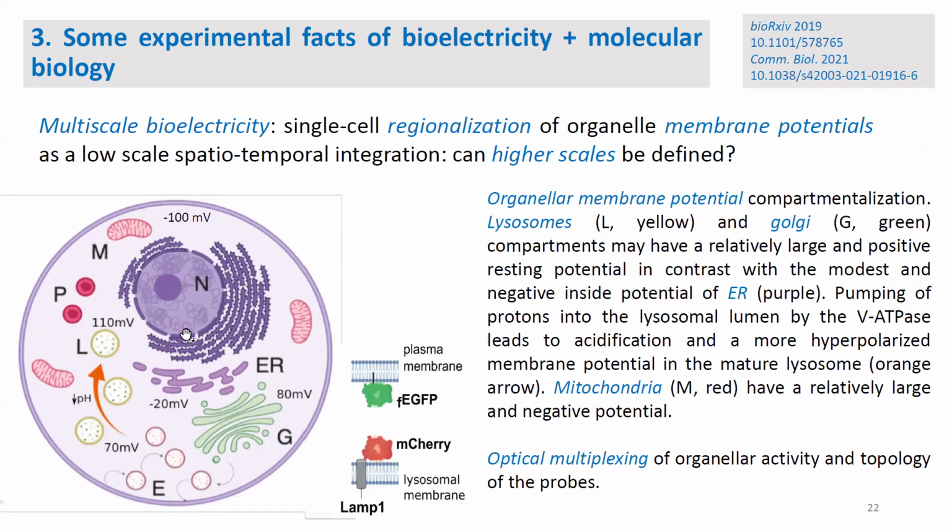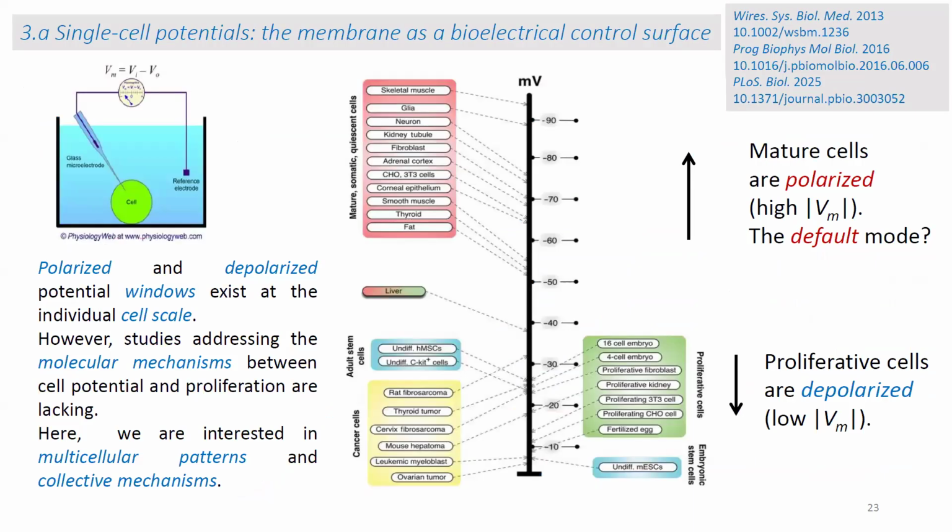In this case, for instance, mitochondria have a strong potential difference between the inside and the outside of mitochondria. And this is also the case of lysosomes, for instance, or Golgi or other organelles in the cell. If we move to the single cell case, again, we find cell membrane potential differences, which are significant.